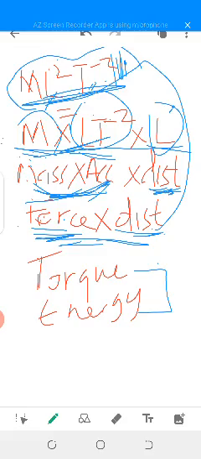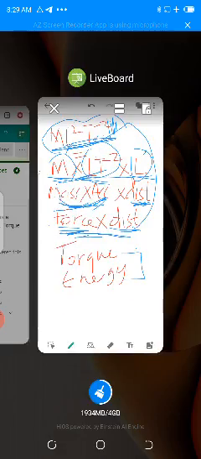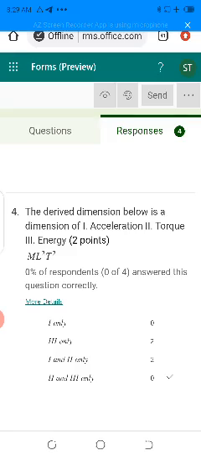And if we look at the quantity given to us, we could say that it's only torque and energy. Torque is force by length, while the energy is force by distance. So the correct answer to that is 2 and 3. That is D, 2 and 3.